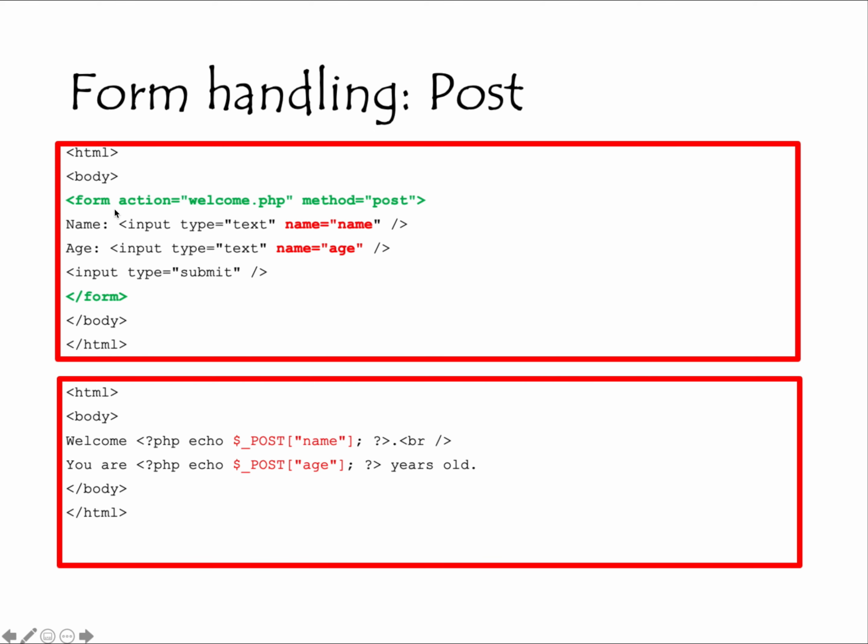We need to specify where you are sending this, and you need to also specify the method. To specify the address, we use an attribute called action. In this case, we want to send this form to the welcome.php file. And also how to send this, we use the method post.